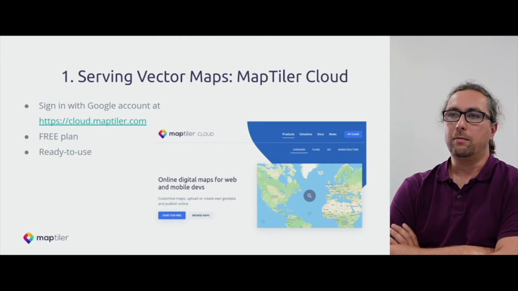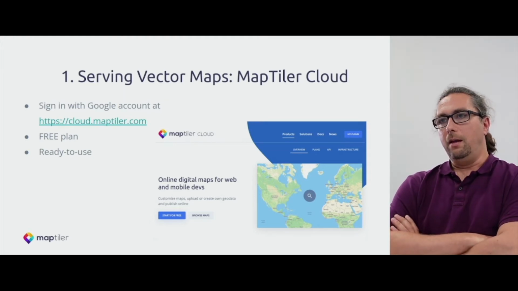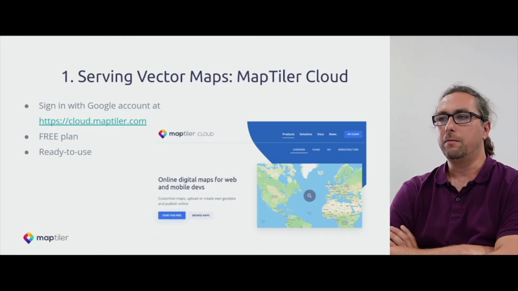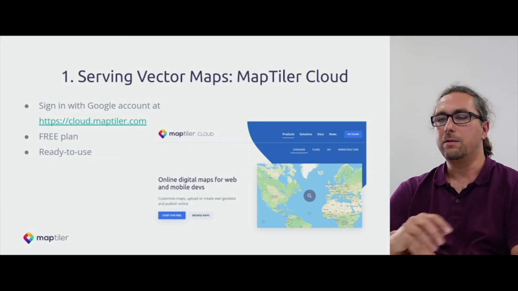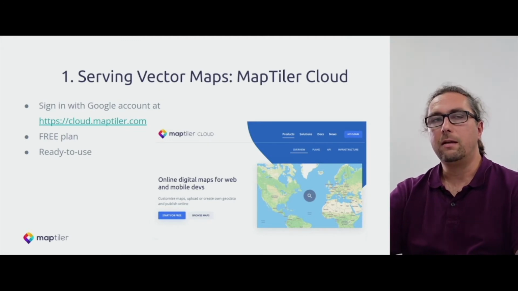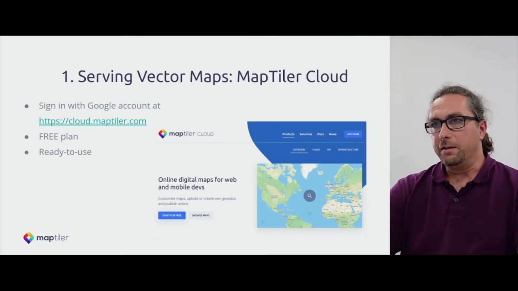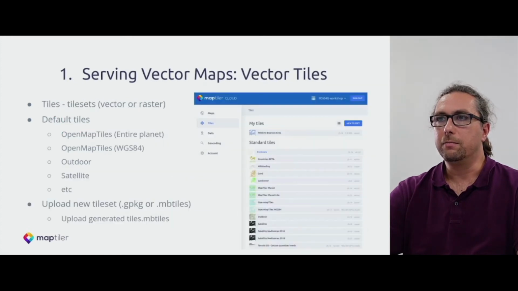You can upload vector data in GeoJSON format, for example, and you can access all these tile sets and maps either from tools like QGIS through the plugin, or you can use OGC specifications like WMTS.